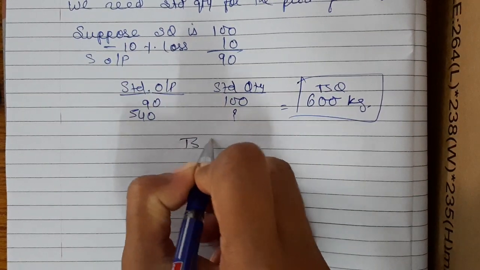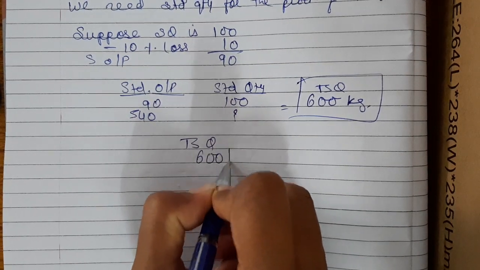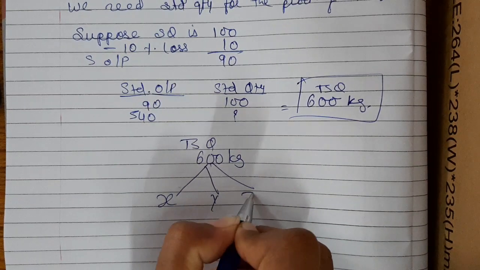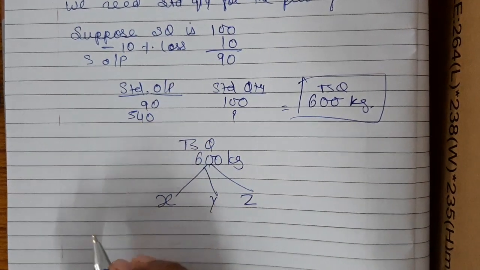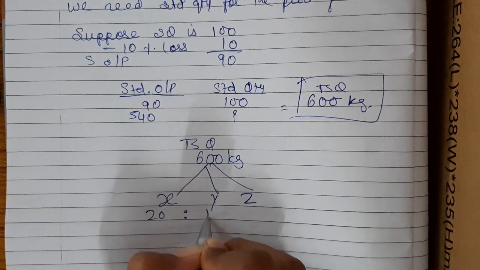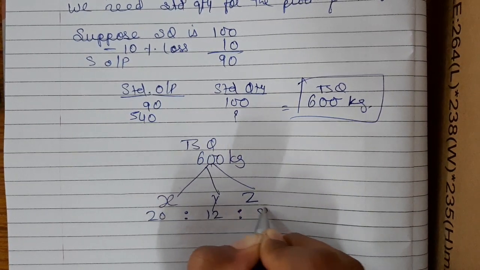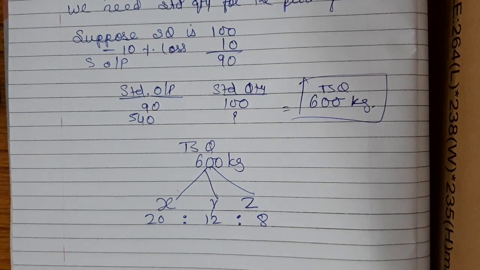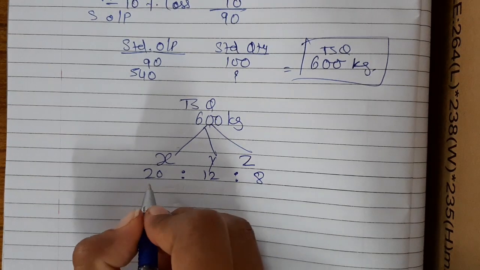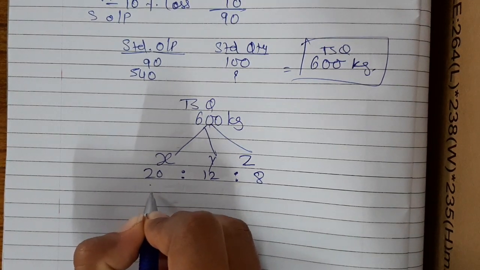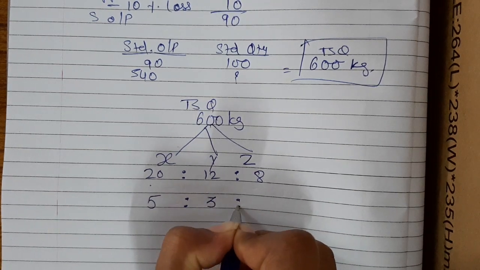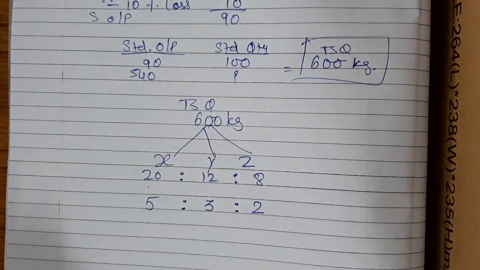So now TSQ 600 kilograms can be distributed in X, Y and Z in the proportion that is 20 is to 12 is to 8. Alright, or you also can divide this by 4. So 4 5s are 20, 4 3s are 12 and 4 2s are 8.